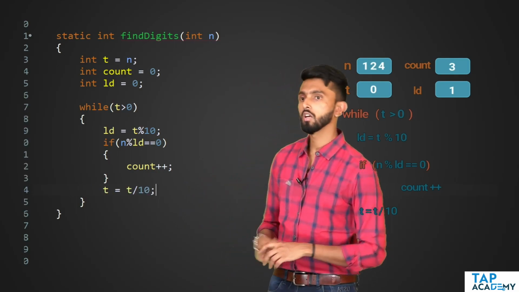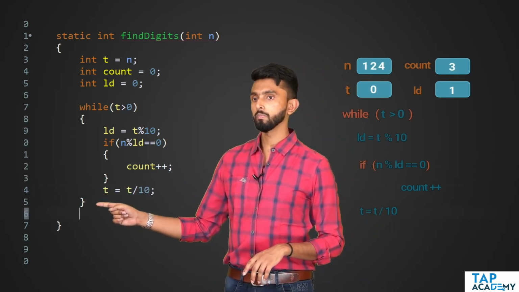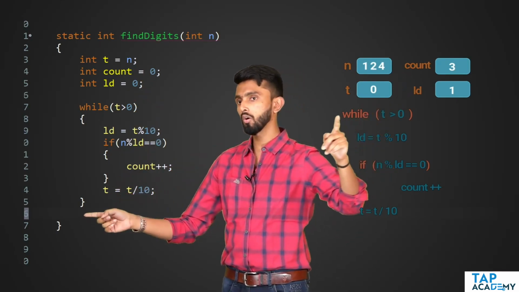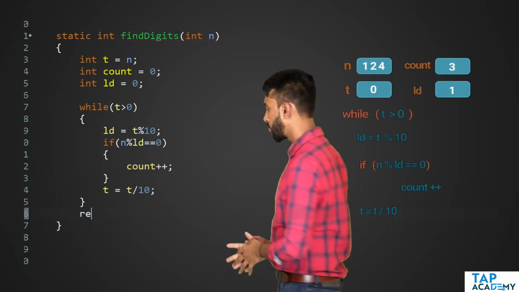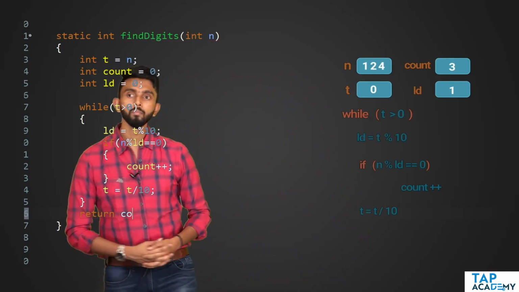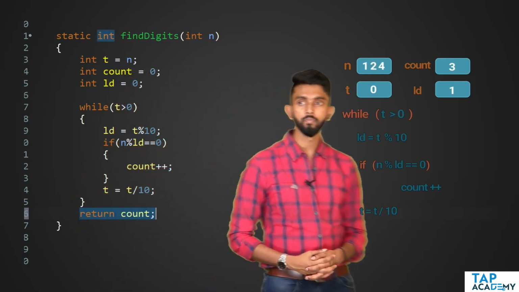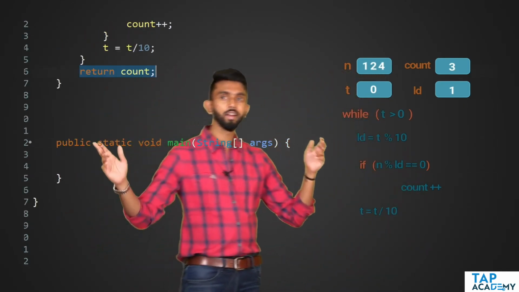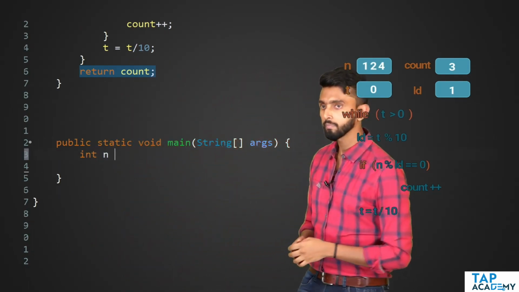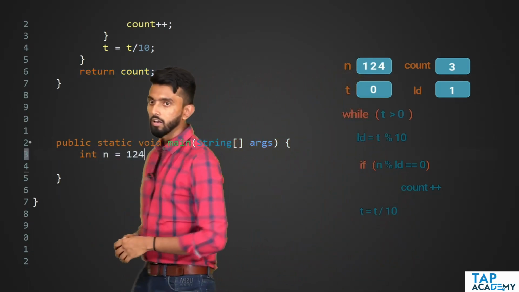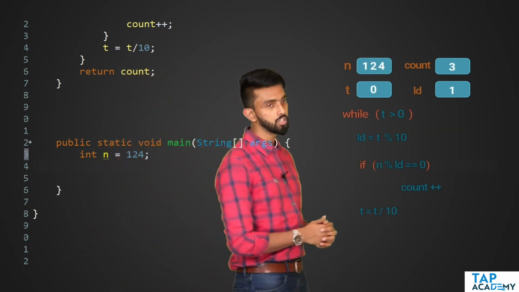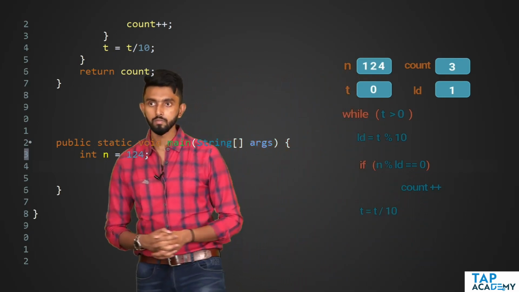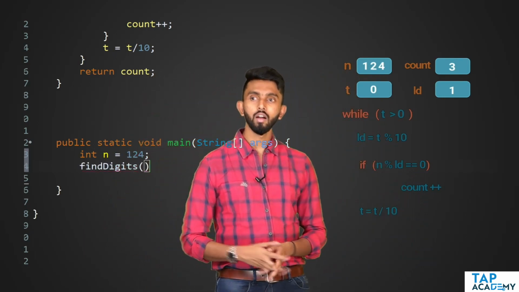That's pretty much it. Once I come out of this while loop, then count value will have become however many divisors I have. So that is what I should return. So I'll write return count. Now let's execute. So I'll come to main and write int n equal to 124, and I'll call that findDigits and pass n.